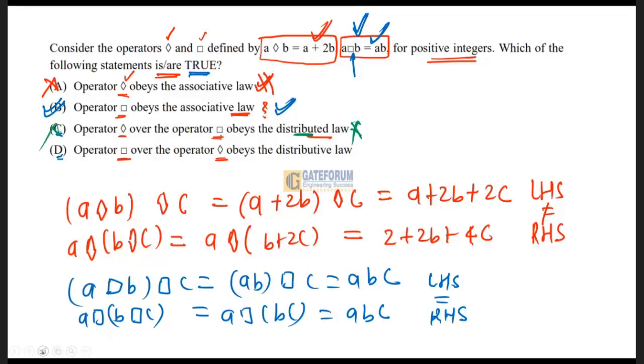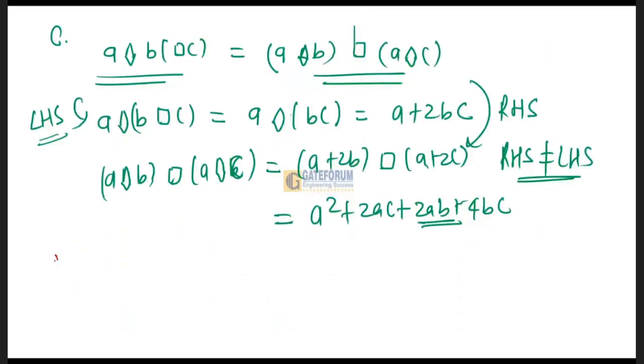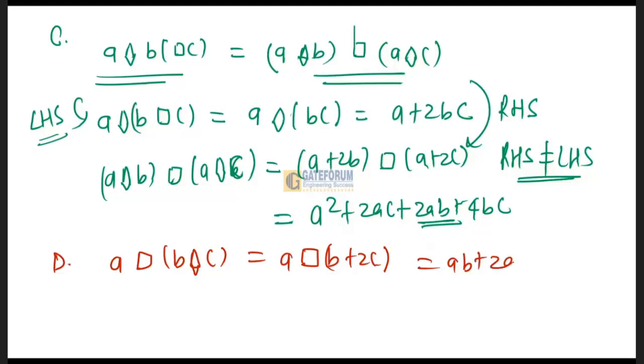And only option D is left now. Operator rectangle over operator diamond obeys the distributive law. So let's try to scan it. A rectangle B diamond C: if you try to do this, it is A rectangle B plus 2C, equal to AB plus 2AC.